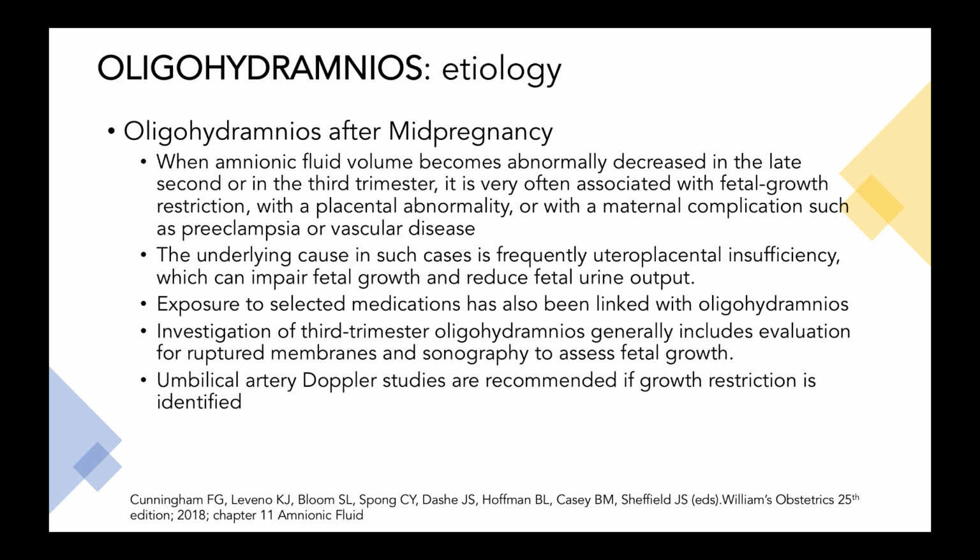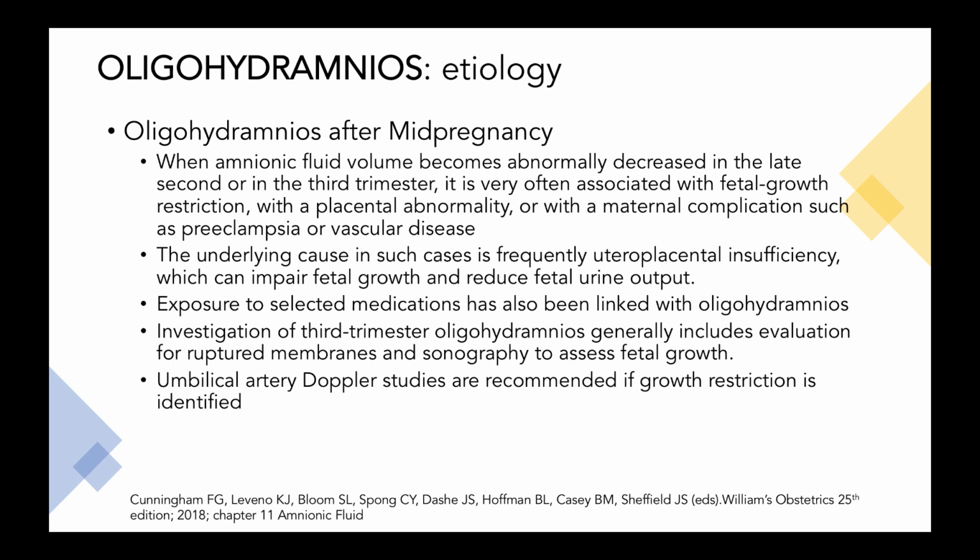For oligohydramnios during mid-pregnancy, when amniotic fluid volume becomes abnormally decreased in the late second or in the third trimester, it is very often associated with fetal growth restriction, with a placental abnormality, or with maternal complications such as preeclampsia or vascular disease. The underlying cause in such cases is frequently uteroplacental insufficiency, which we all know can impair fetal growth and reduce fetal urine output.